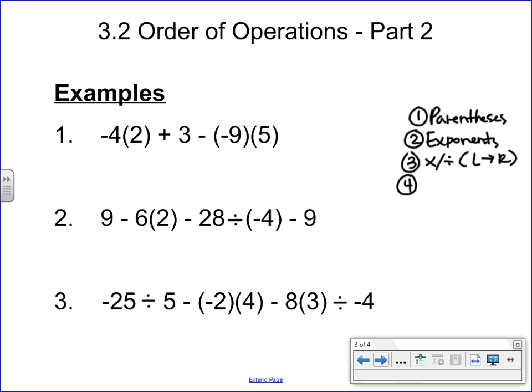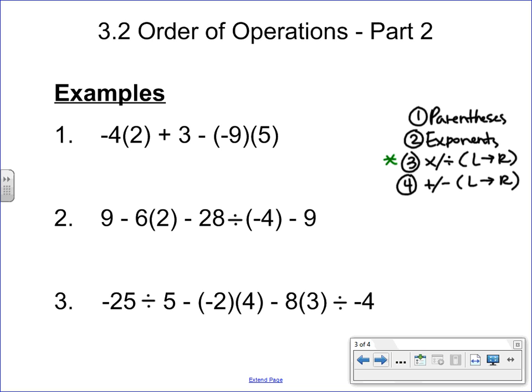And lastly, we said adding and subtracting from left to right. So if we go in order, we don't have any parentheses or exponents here, so we have to start with any multiplication or division.